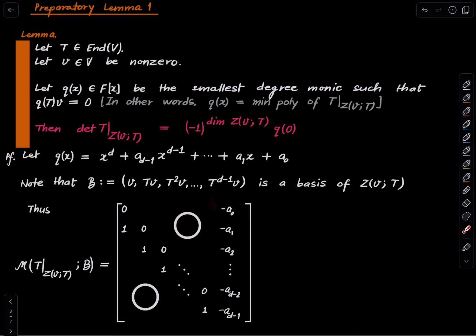So the T to the d minus 2 comma v, that basis vector maps to this guy, and hence the second to last column looks like this, all zeros and then a 1. But what about the last column? To do the last column, we look at this last basis vector, take its image under T, and register the coefficients of all the basis vectors.